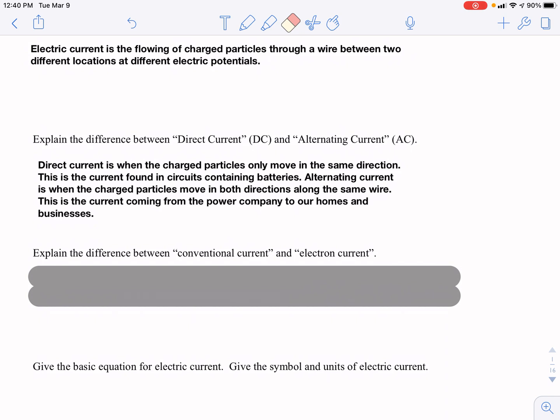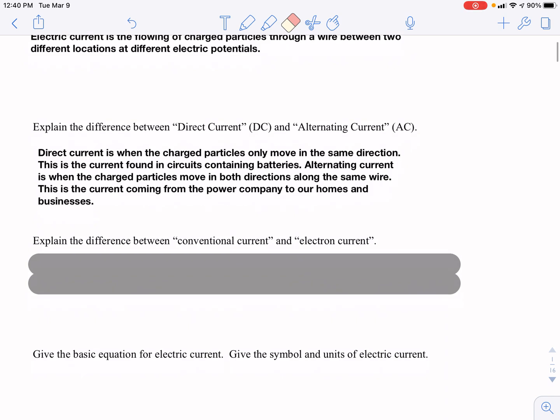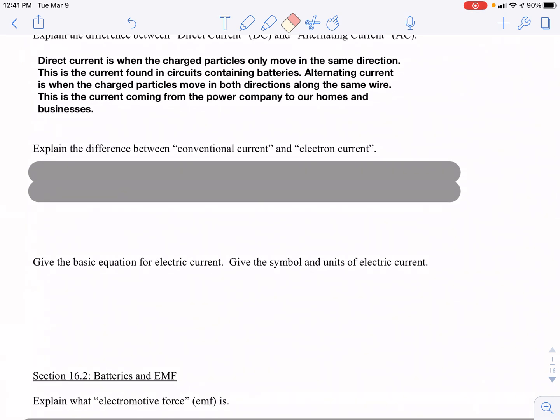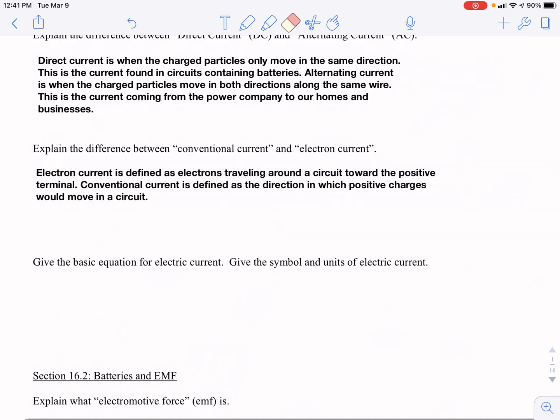Explain the difference between conventional current and electron current. Well, not much was known about the existence of electrons during the time when experimentation on electrical current was happening. Therefore, it was always assumed that current was the flowing of some sort of positive charge.